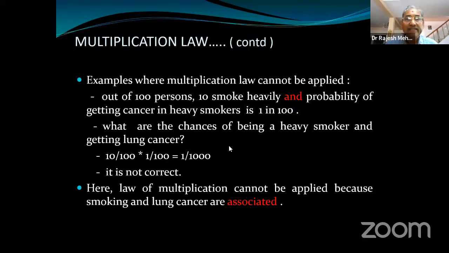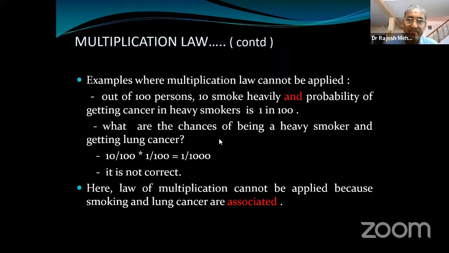And here is an example where we can't apply this because, listen carefully. Out of 100%, 10 smoke heavily, and the probability of getting cancer in a heavy smoker is 1 in 100. What are the chances of being a heavy smoker and getting lung cancer? Here it is and.